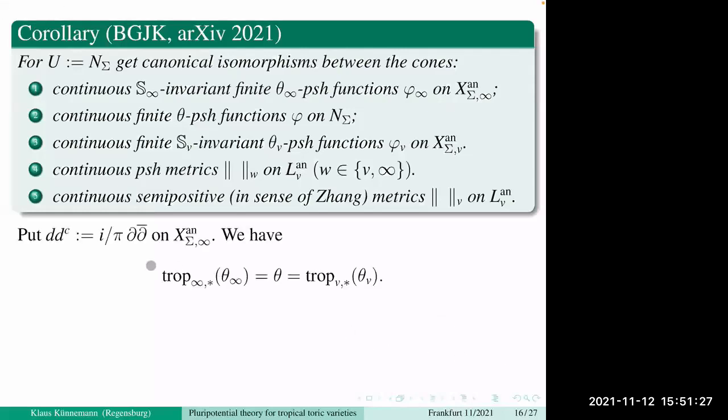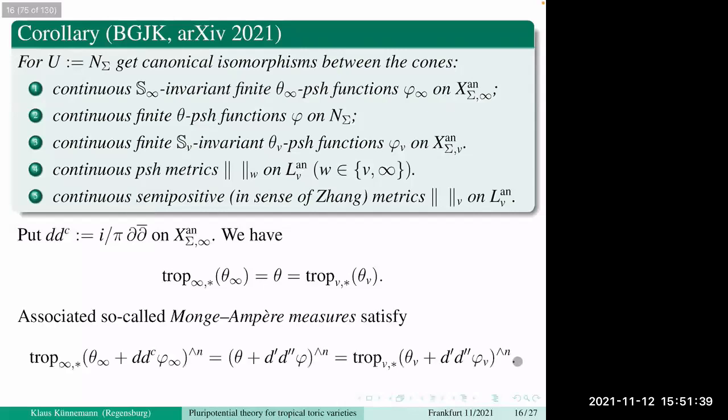Yeah, and now we want to compare. So in complex geometry, we will use this operator dd^c. Then our polarizations theta_infinity and theta_nu are compatible. And now we look at the associated Monge-Ampère measures. So now this here is a positive (1,1) current.